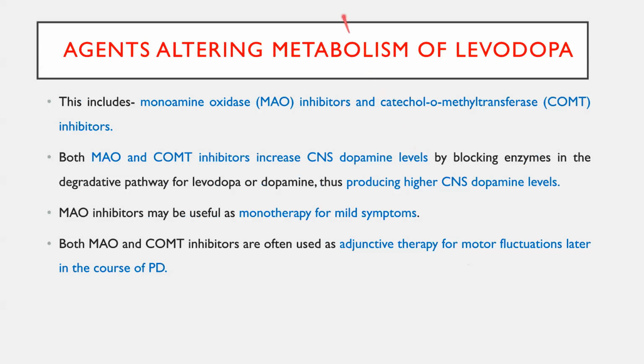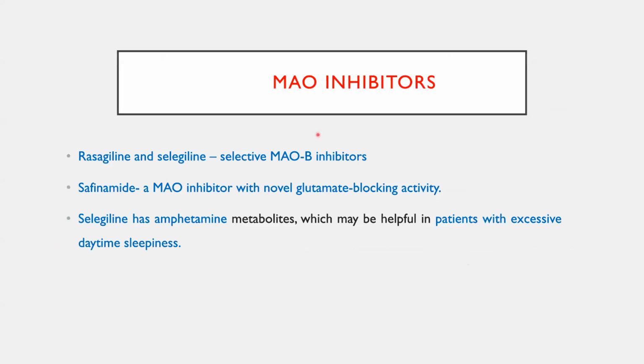Other drugs like monoamine oxidase inhibitors and COMT inhibitors can be added to levodopa, or can be given as monotherapy for mild symptoms. They can be useful as adjunctive therapy in the treatment of motor fluctuations, or as add-on therapy. We already discussed these drugs: rasagiline, selegiline, and safinamide.